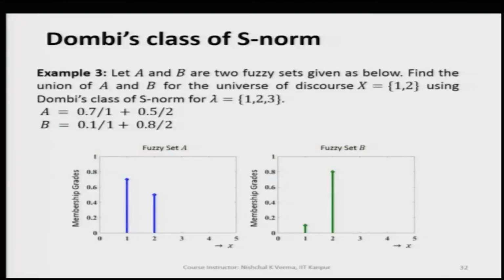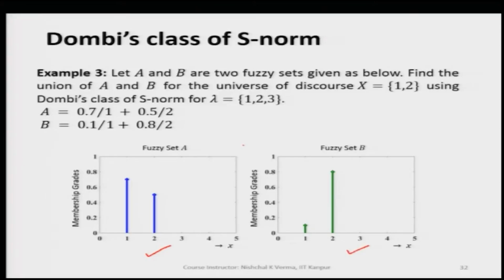So, let us take an example where we have two discrete fuzzy sets A and B. You can see discrete fuzzy set A is shown here and discrete fuzzy set B is also shown here.